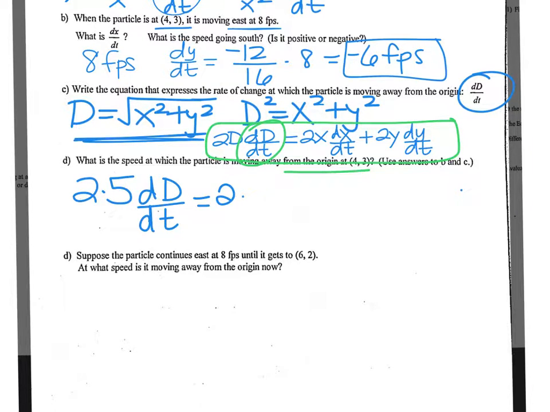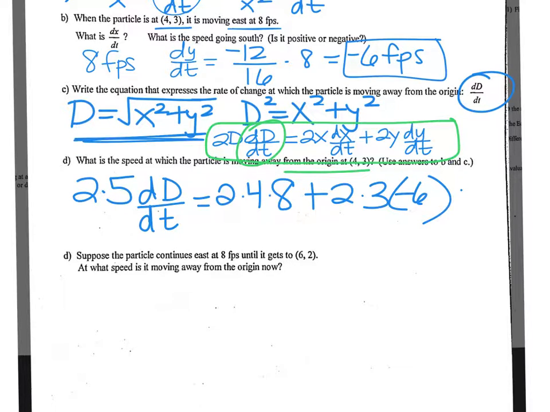What's x? 4. Okay, what is dx dt? 8. This is still at that same point, 4, 3. That's at that circle that's on the map. And then plus 2 times y. What's y? 3. And then dy dt is -6.